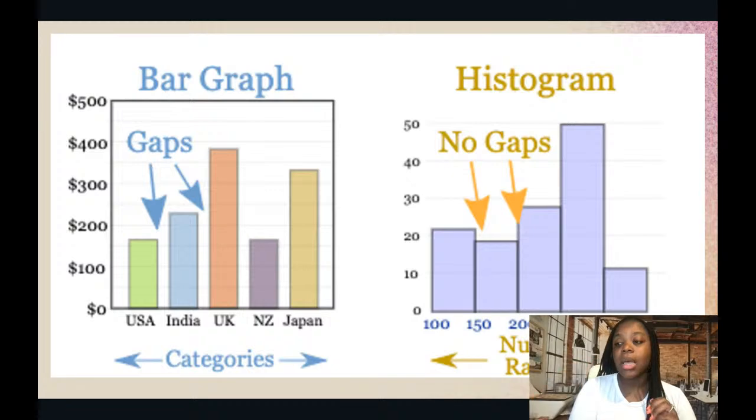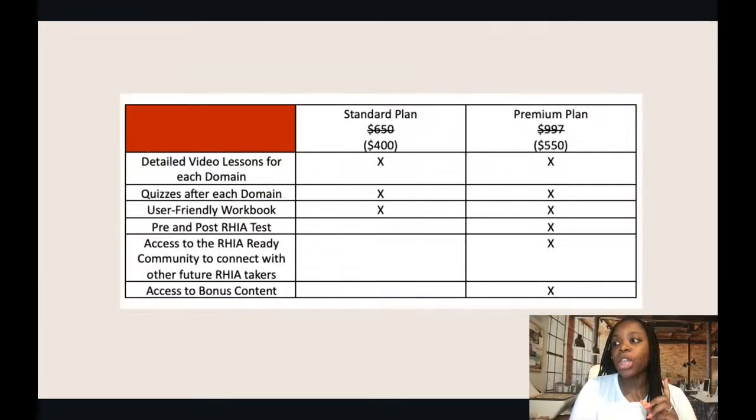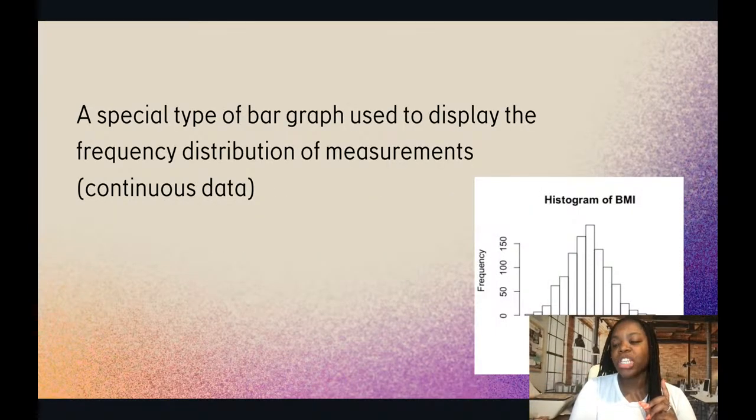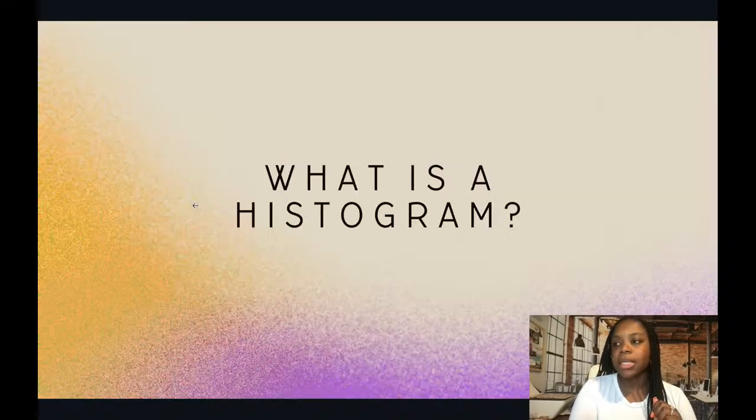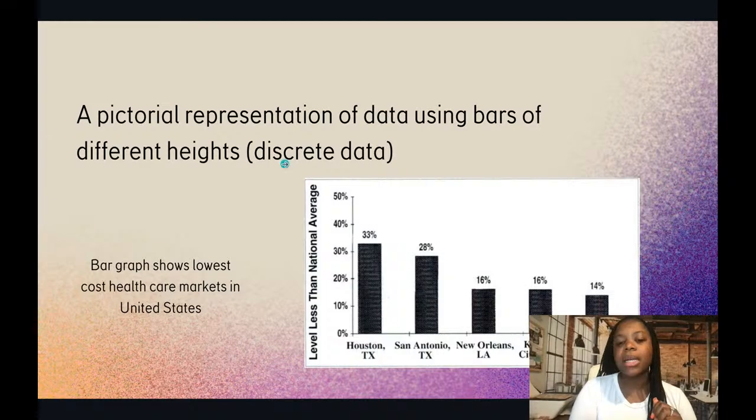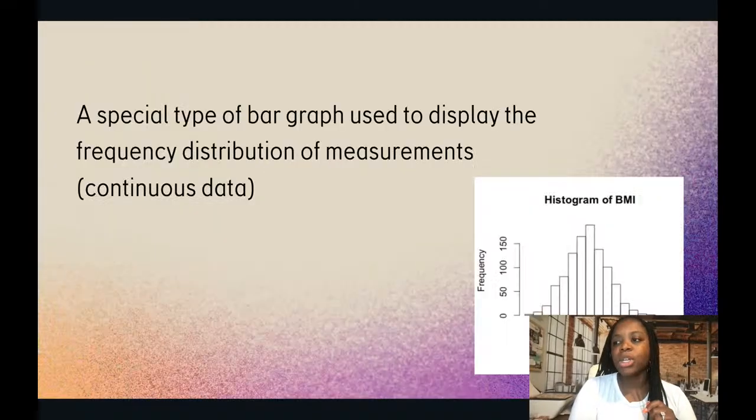And once again, like I mentioned, a key that you will see on your RHIA in some form, you want to know the difference between continuous data versus discrete data. Discrete data will be shown in bar graphs versus continuous data that would be shown in histograms.